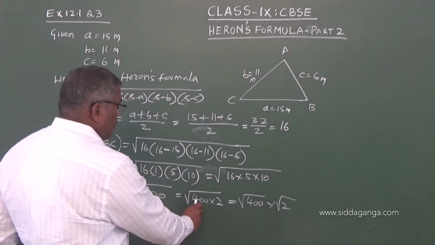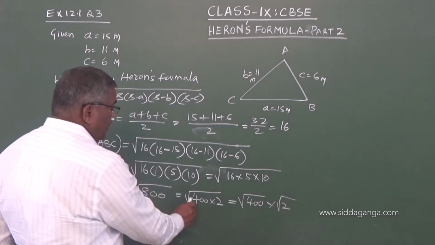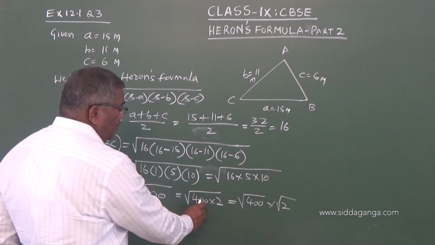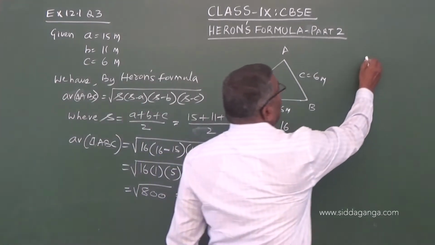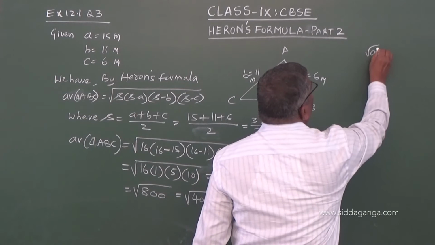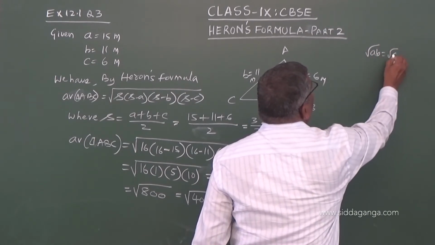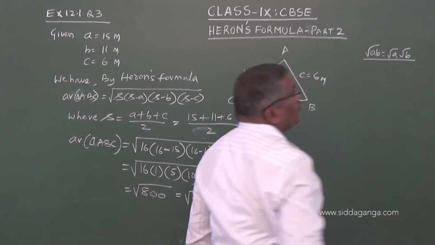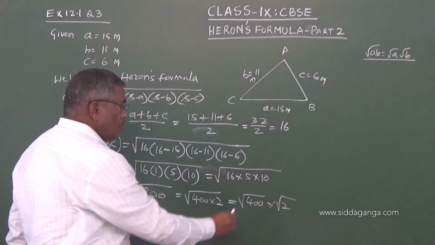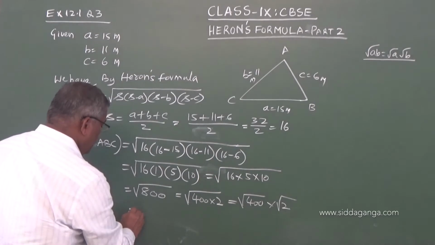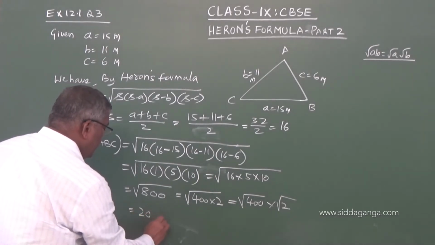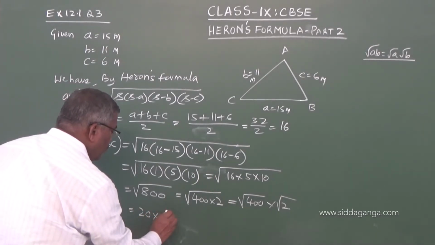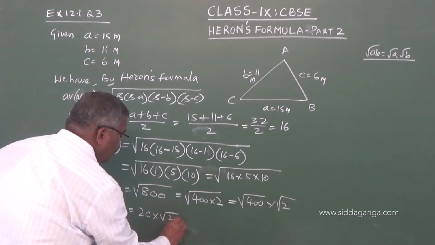We have this relation, root of AB is equal to root A into root B. So we have to use this relation. So square root of 400 is 20. 20 into root 2.